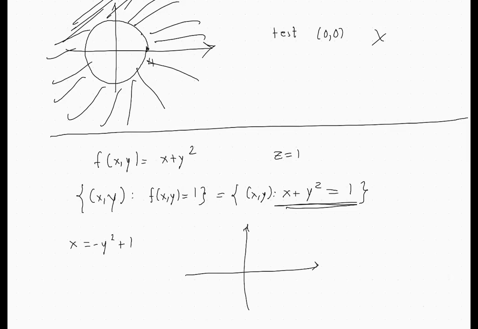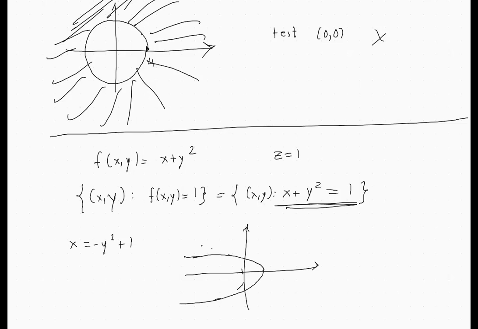So minus y squared would have looked something like this. You have plus 1, which means you transfer it to the right, and pretty much your curve will look like this. So it's a parabola whose axis is the x-axis, and it points to the left.